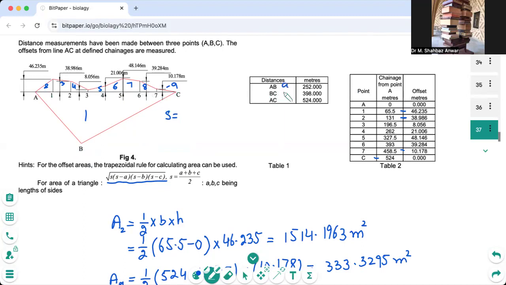For example, this is A, this is B, this is C. So our answer will be 252 plus 398 plus 524 divided by 2. So this is the value of S, that is 587.